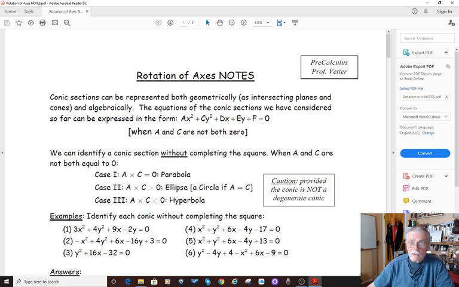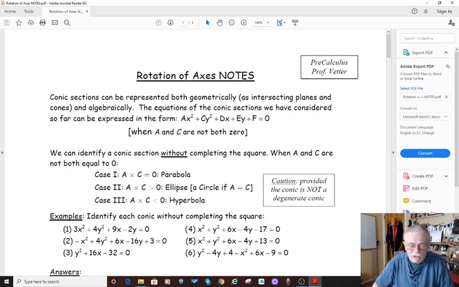Okay, so conic sections can be represented both geometrically and algebraically. And don't forget, from a geometric point of view, if you go back to the first set of notes on conic sections, we saw two cones that were joined at a vertex, and we passed planes through them, and that's how we generated the conic sections.